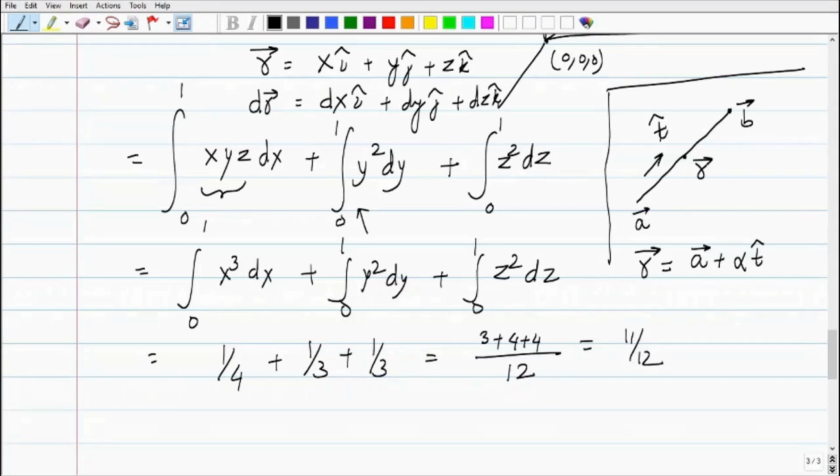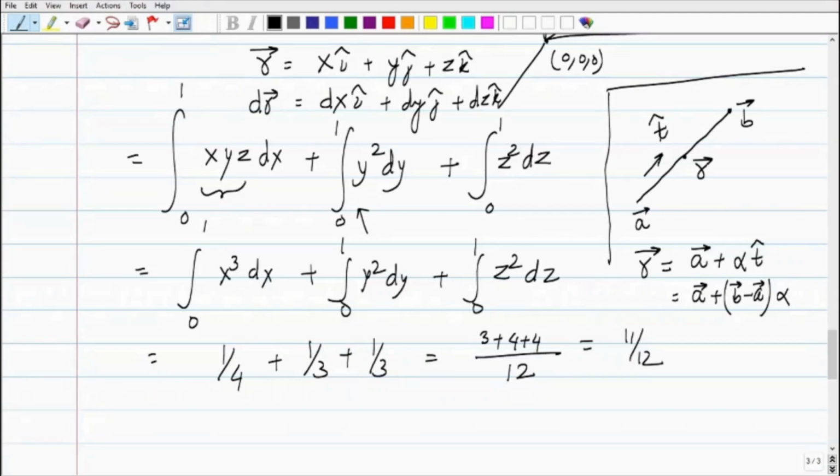And this t can also be b minus a, isn't it? So you could also write this as a plus (b minus a) into alpha.